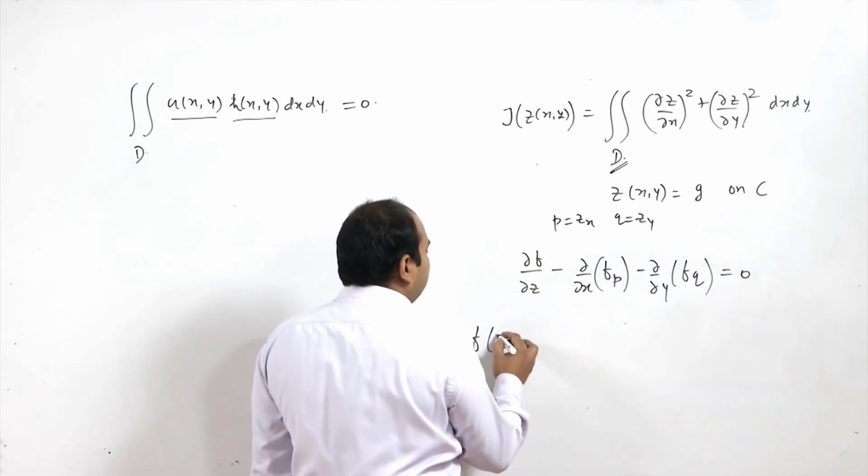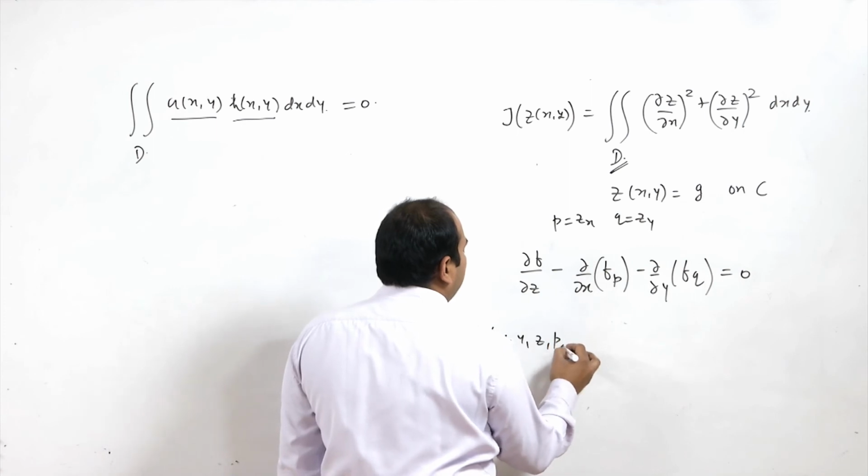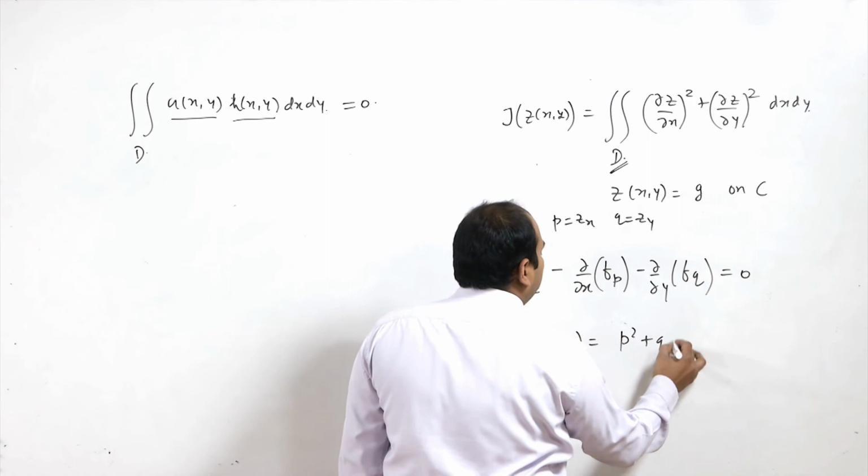So here F(x, y, z, p, q) is given by p² plus q².